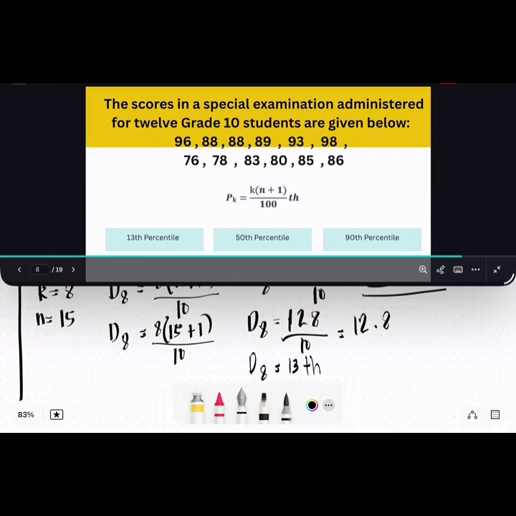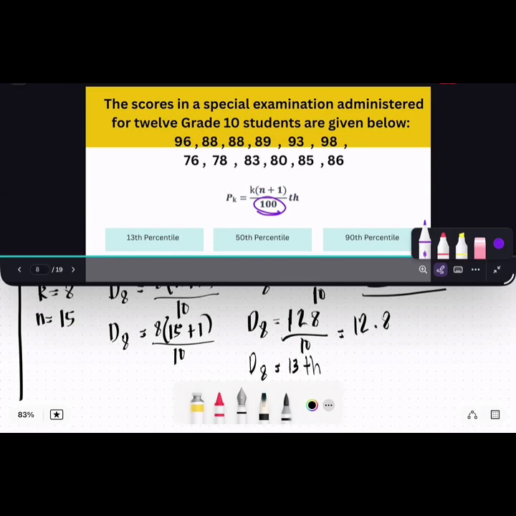And our formula is the same, but our denominator is 100 since we are solving for the percentile. So now let's proceed with our 13th percentile, 50th percentile, and 90th percentile.